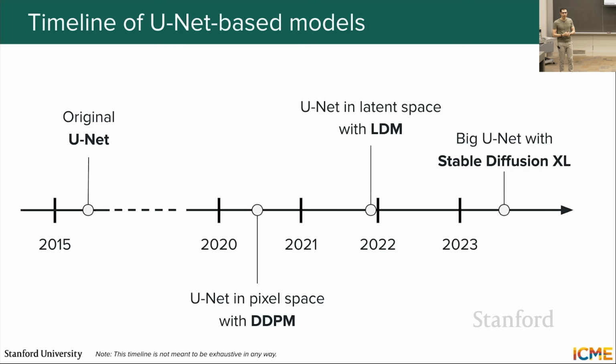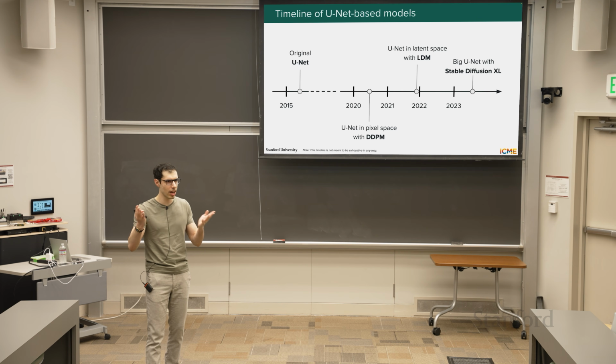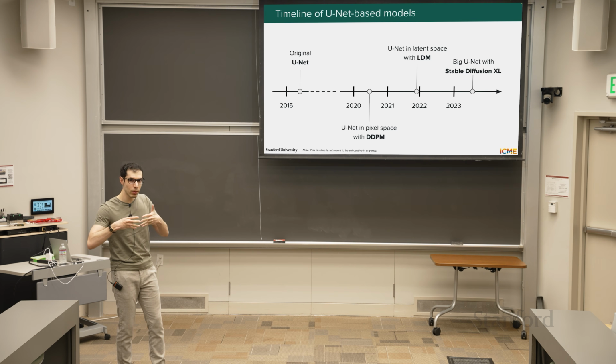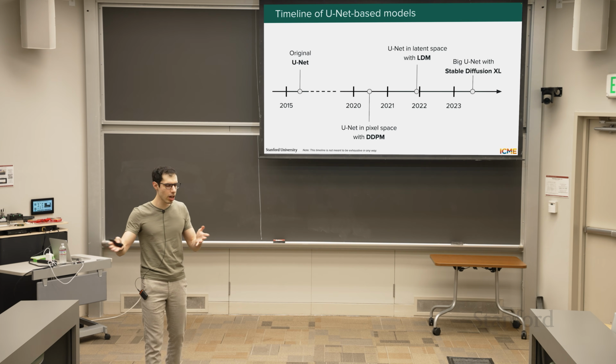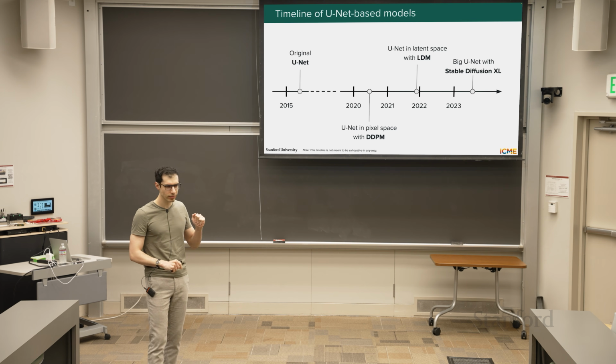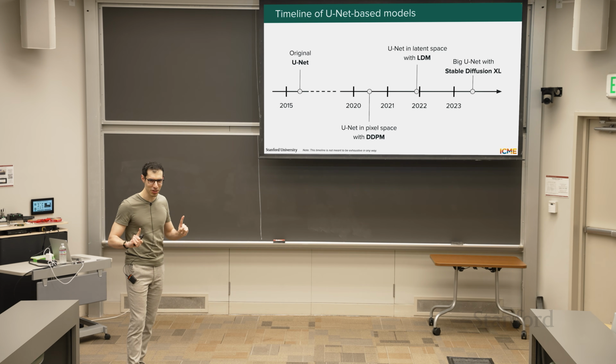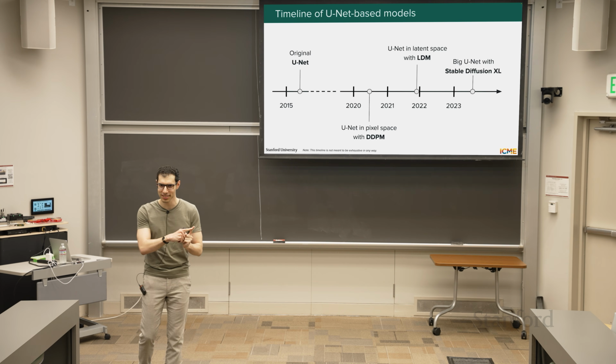So in terms of timeline, we're in 2026. Just giving you a sense of when these models were published, when these were used. In 2015, the UNet paper came out in the context of image segmentation for, I believe, medical images. But it had not been widely used in the image generation field up until the early 2020s. So for instance, you have the DDPM paper, which, if you remember, we focused on during lecture 1, that actually used UNet as an architecture.